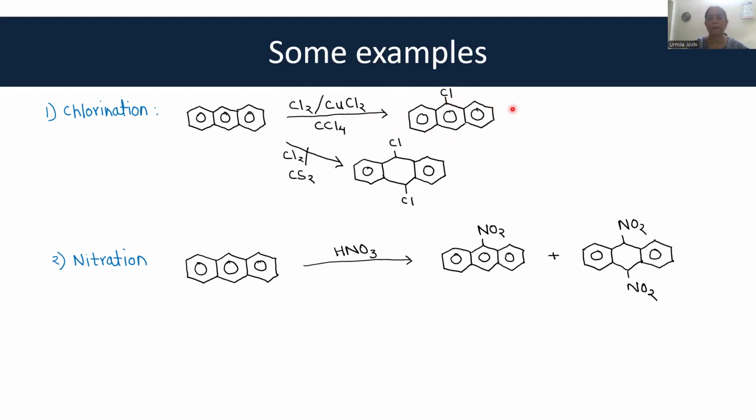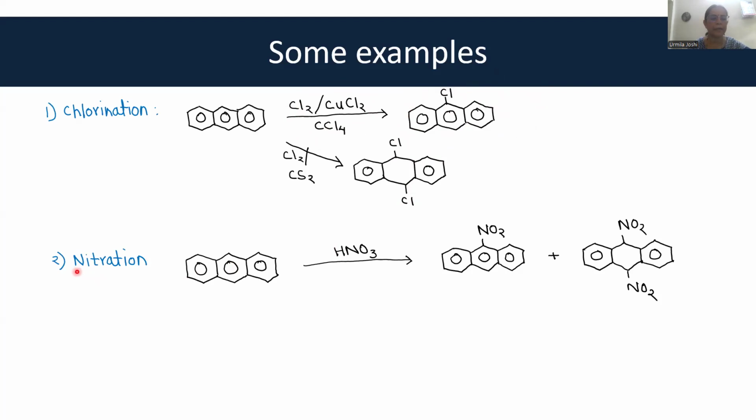So the numbering here remains same. As against that, when you treat anthracene with chlorine and carbon disulfide, then you get an addition product. Here too, you get an addition product in addition to the substitution product.